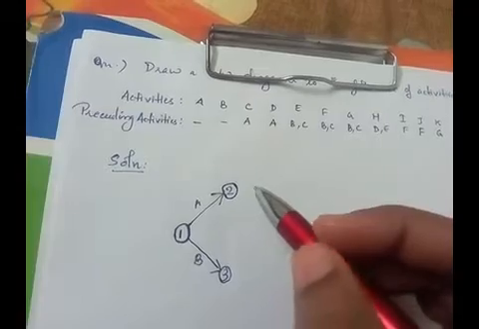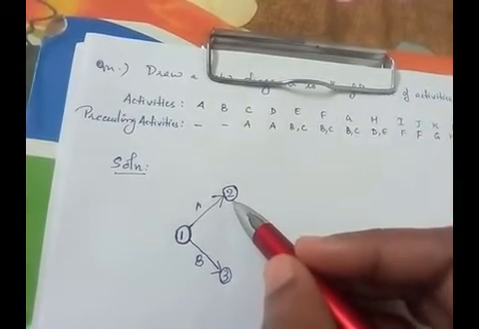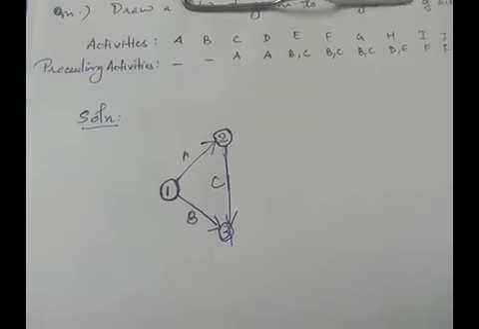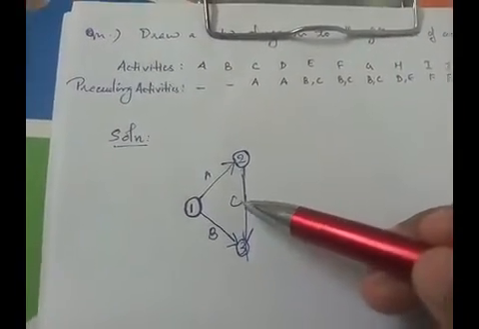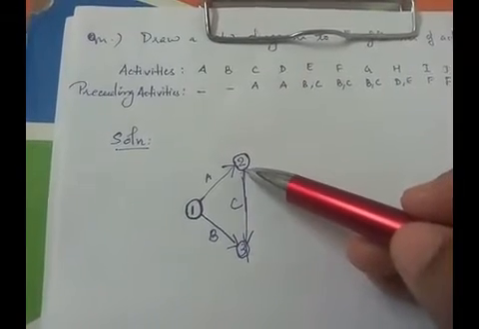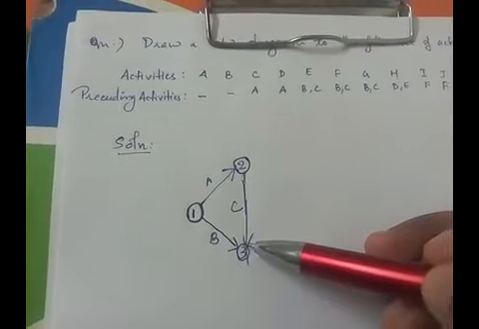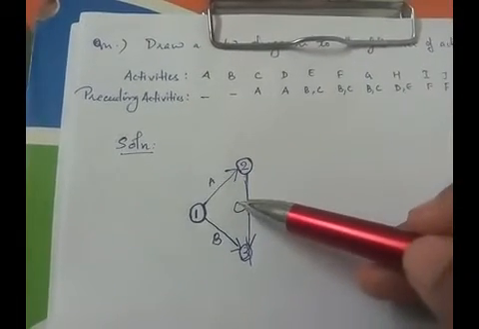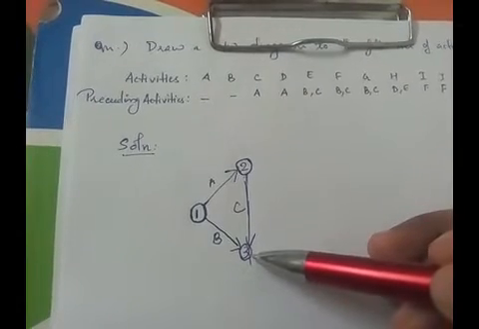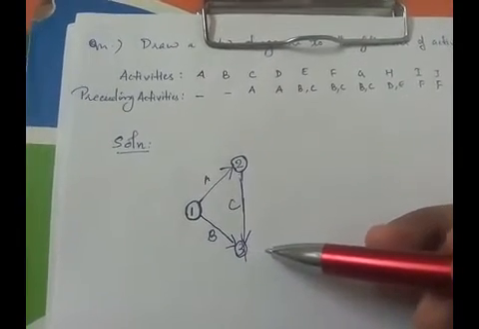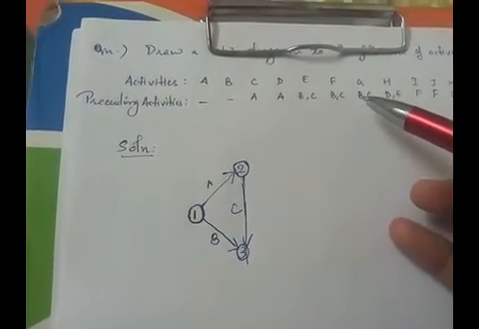So when we draw C, C should start from 2, but it should end at the same event where B has ended. That means the activity C should start from the event 2 and end at the event 3. Since C has to end at the same event where B has ended, only then we can start any other activity which follows B and C.